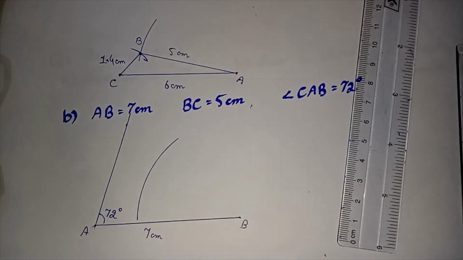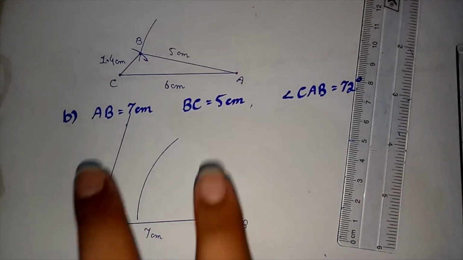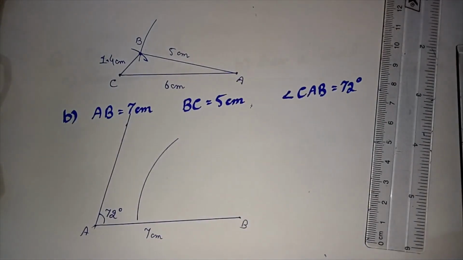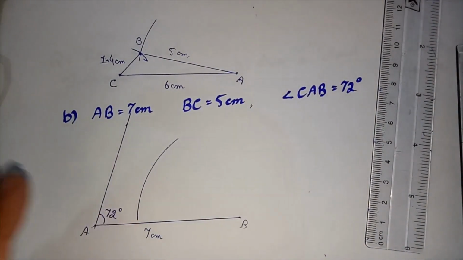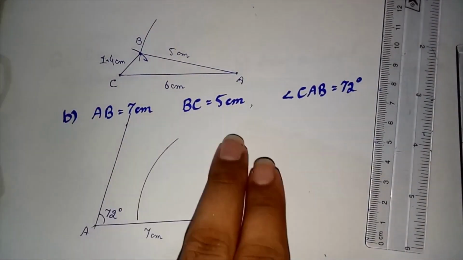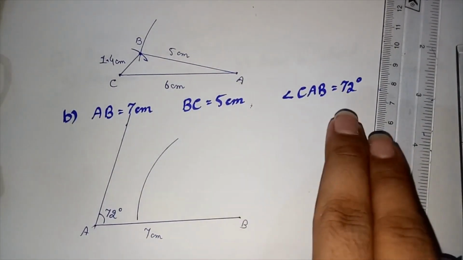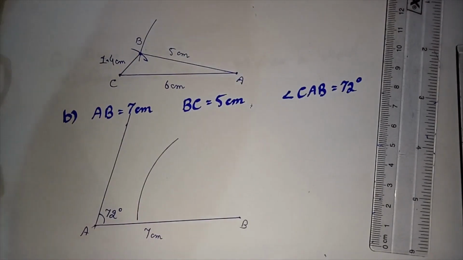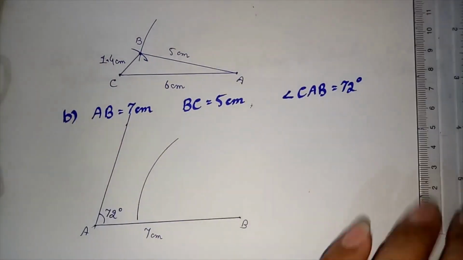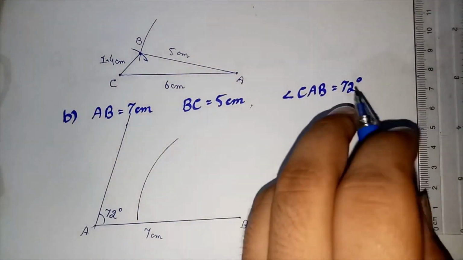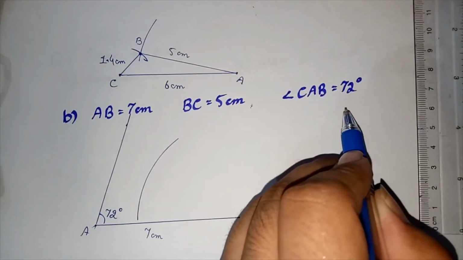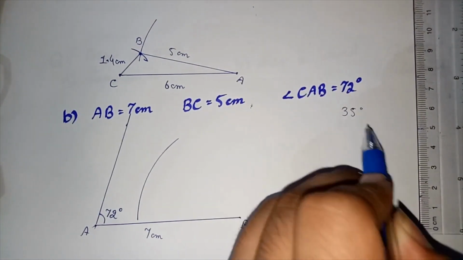And if we want to construct a triangle when we are given two sides and an angle, this length should be greater, or we can say our angle should be smaller. So we can only construct a triangle if we are given correct sides and correct angles. So if we want to construct a triangle, we can take here an angle of 35 degrees.